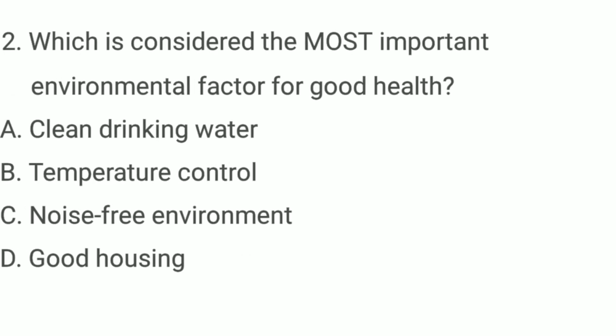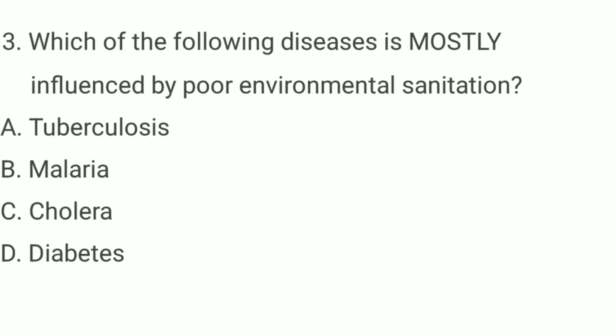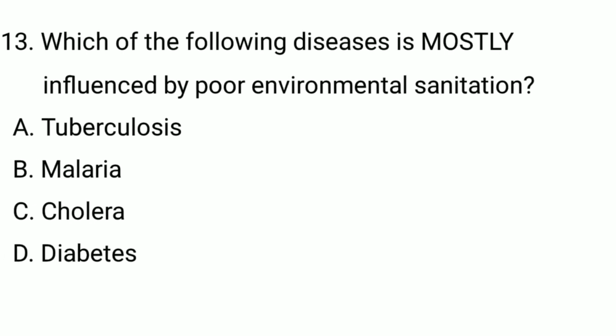Question number 12. Which is considered the most important environmental factor for good health? The right option is option A, clean drinking water. Question number 13. Which of the following diseases is mostly influenced by poor environmental sanitation?